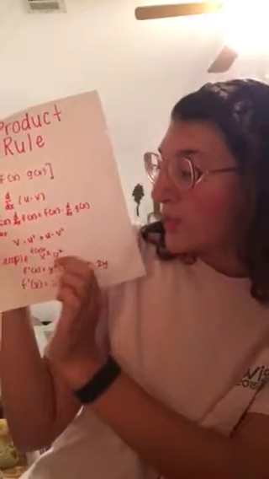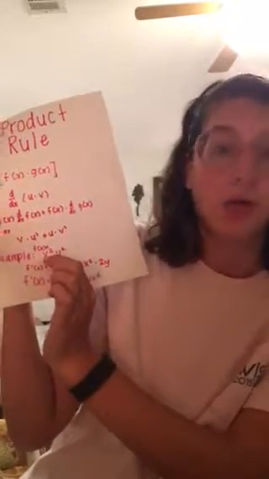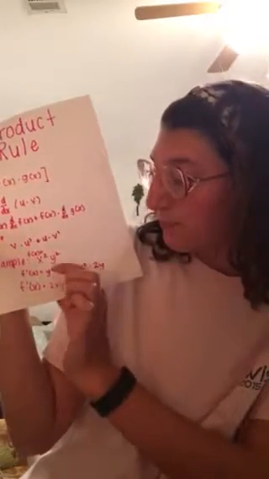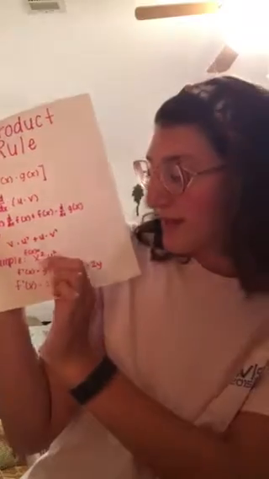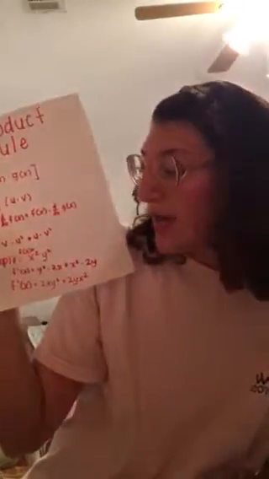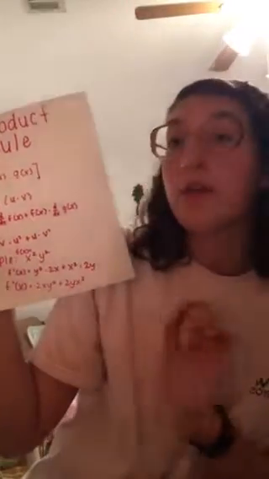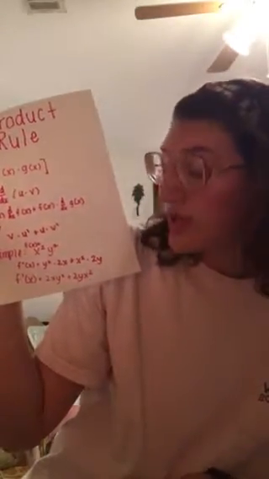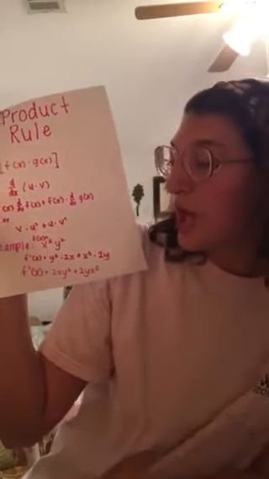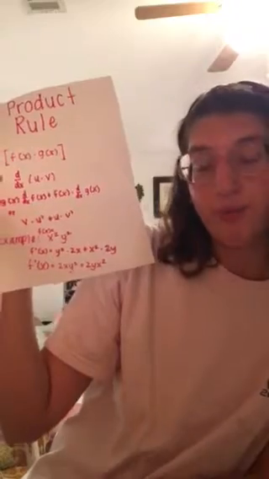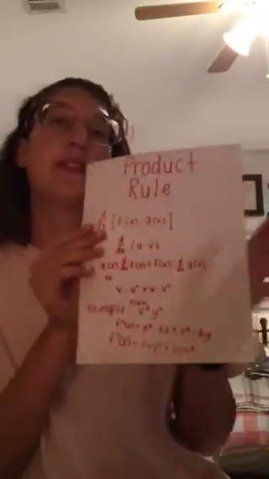So that's going to be y squared, and we know from power rule that the derivative of x squared is going to be 2x, plus the function f of x times the derivative of g of x, which is going to be 2y. If we simplify this out, the derivative of x squared times y squared is equal to 2xy squared plus 2yx squared. And this is product rule.